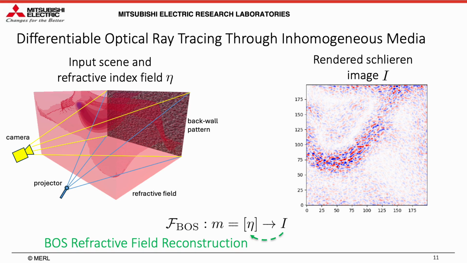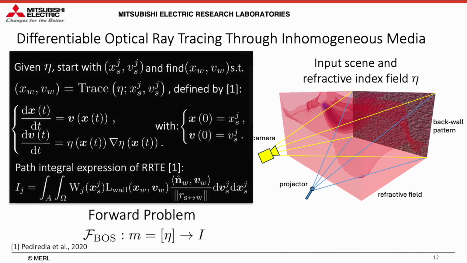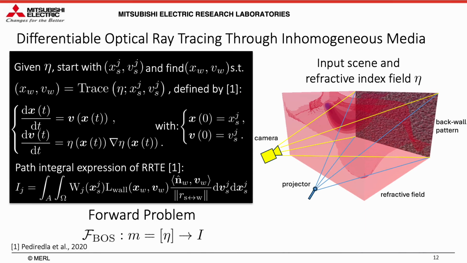And the way that we can do this is using the refractive radiative transfer equation, which specifically says that the propagation of a ray of light is governed by the ODE, which is what we see on the left-hand side, which is dx by dt is the velocity field, or the orientation of the ray of light, and the variation of the velocity field, or the direction of the ray of light, is given by eta multiplied by the gradient of eta at a specific location in space.